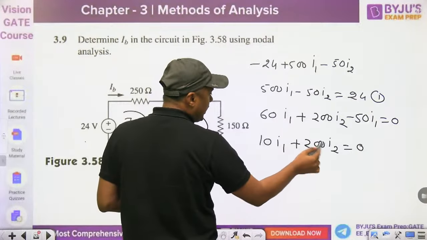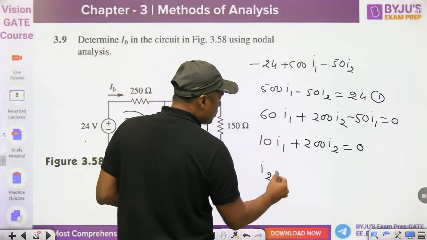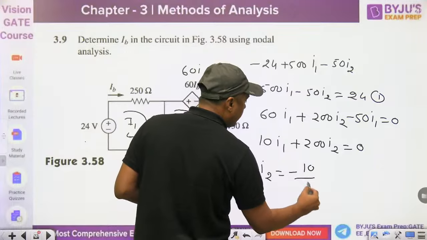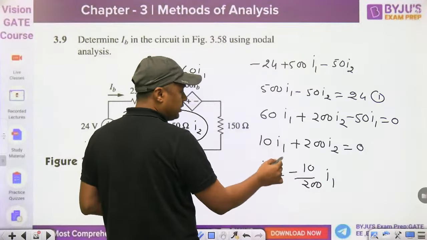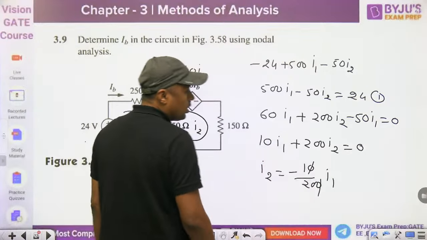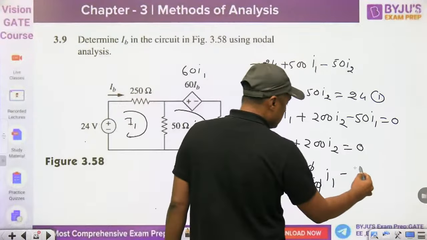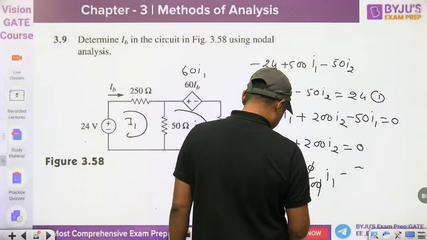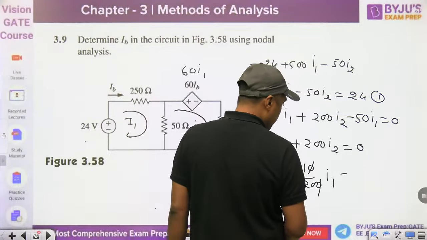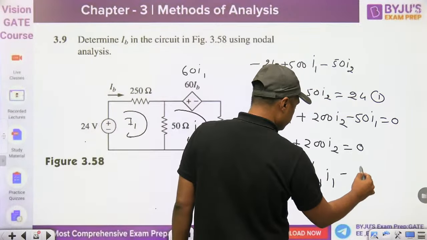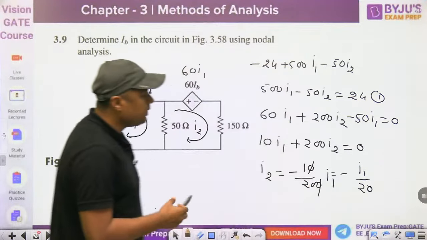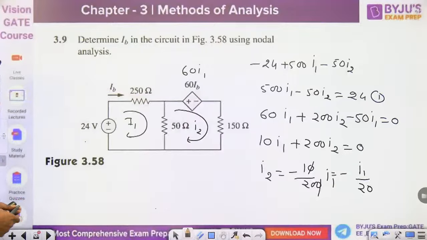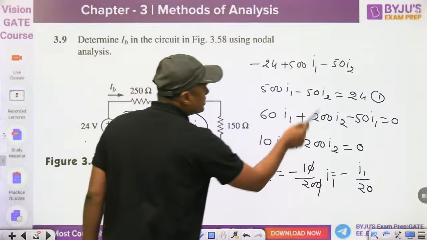Now you want to find I1. So what is I2 in terms of I1? I2 is equal to minus 10 divided by 200 I1. So you will get minus I1 by 20, that is 0.05. Now you can put this value in equation number 1.